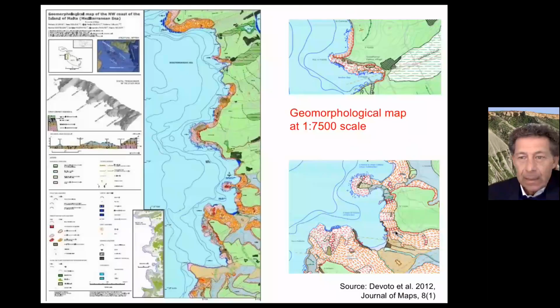This was one of the first maps that we produced, the map of the northwest coast. You see the promontory I showed you before here, and we depicted landslides with different symbols according to their type and with different colors according to their state of activity.